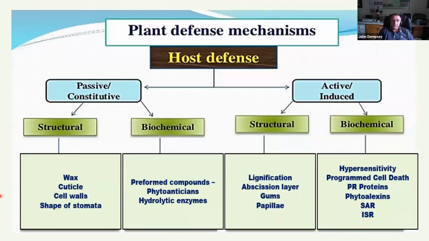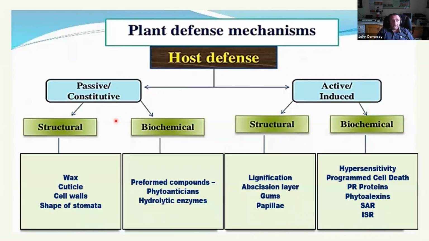And this here is a sort of a grid or a mechanism for defense. Now you could take a screenshot of that because it's showing a lot of stuff here, okay? And if you look at, let's say, the left-hand side here where my red marker is moving around, you can see you have, first of all, as part of the defense mechanism, what's called passive or constitutive defenses.